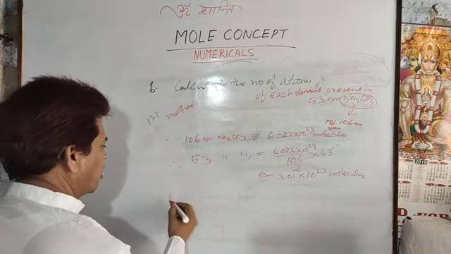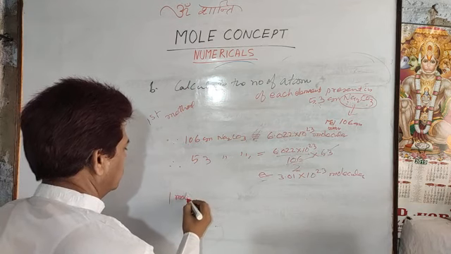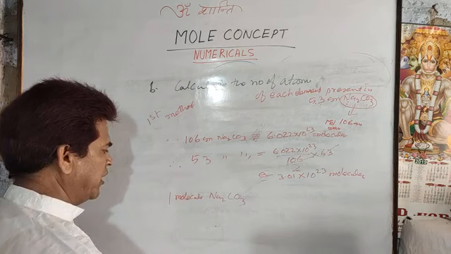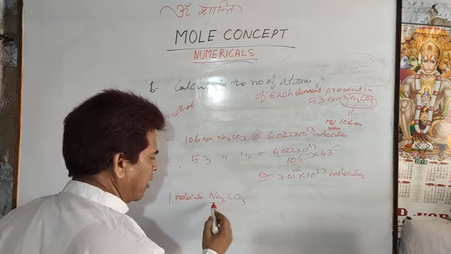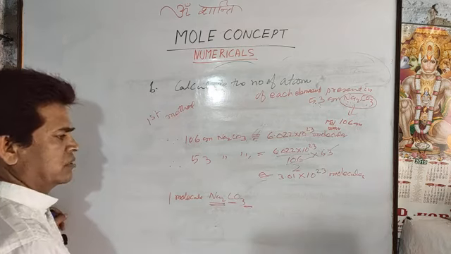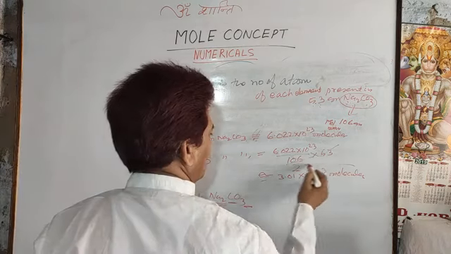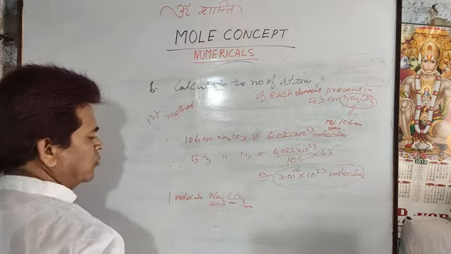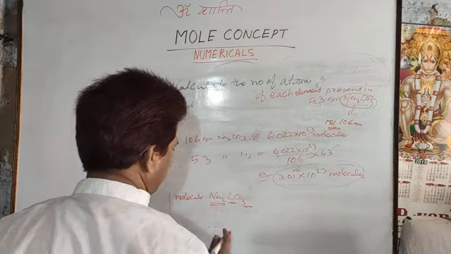When you write the formula, 1 molecule sodium carbonate, what does it mean? In 1 molecule of sodium carbonate there are 2 atoms of sodium, 1 atom of carbon and 3 atoms of oxygen. Here on the basis of this number of molecules you convert into the number of atoms of each element.